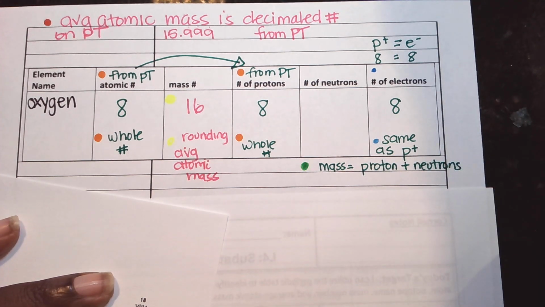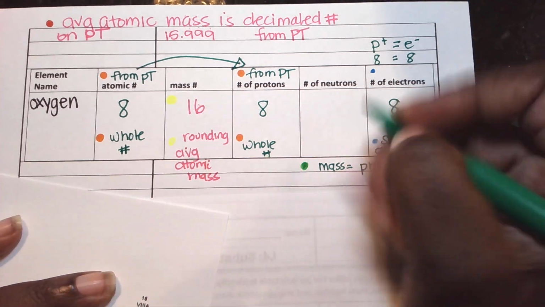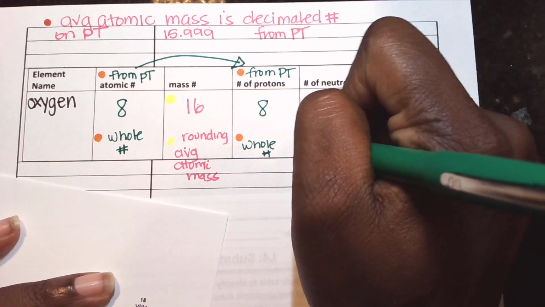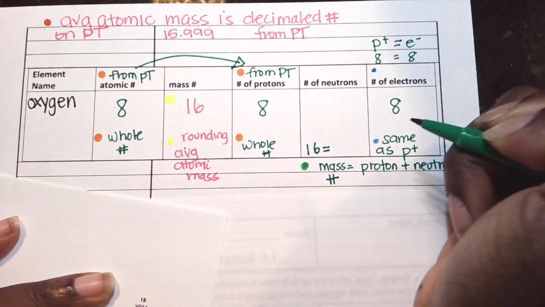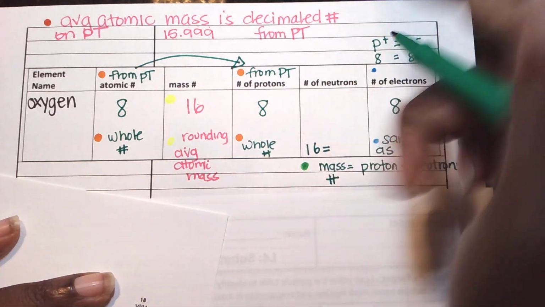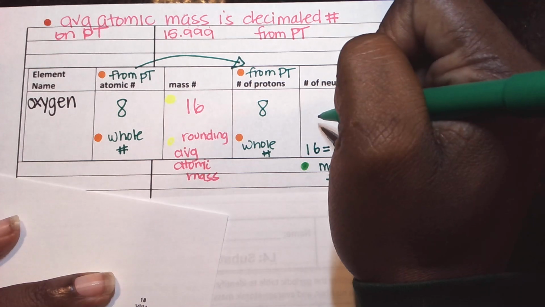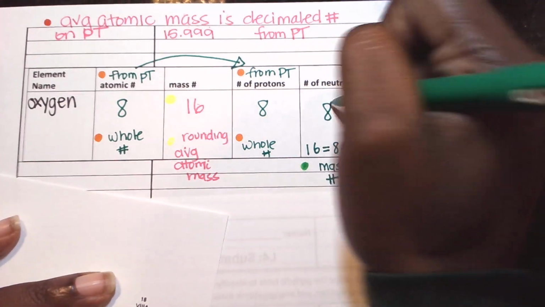Okay, that means if my mass number is 16, that's going to be equal to 8 plus n. So n has to equal 8.